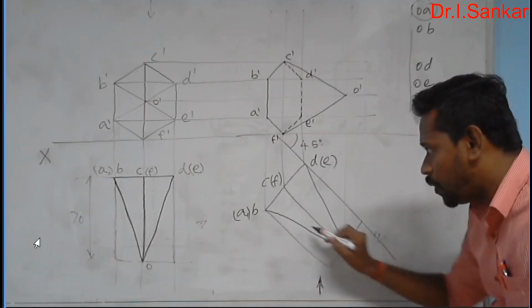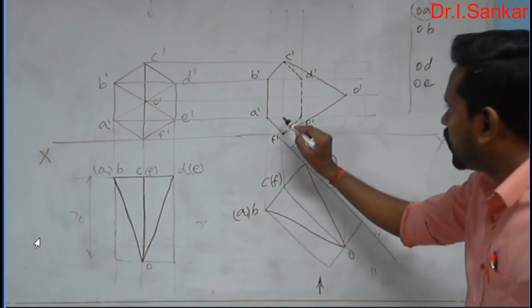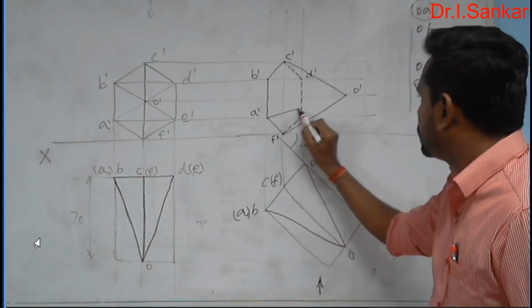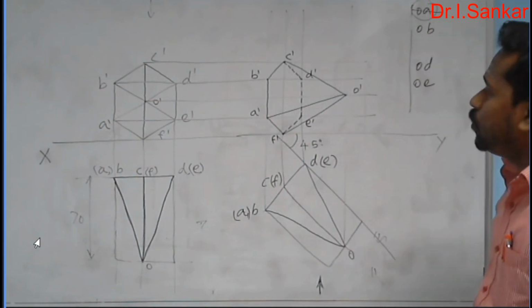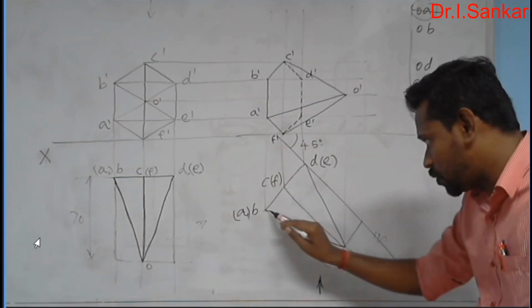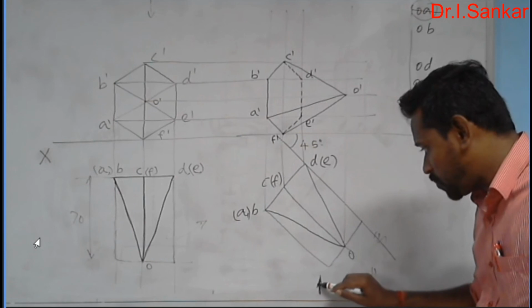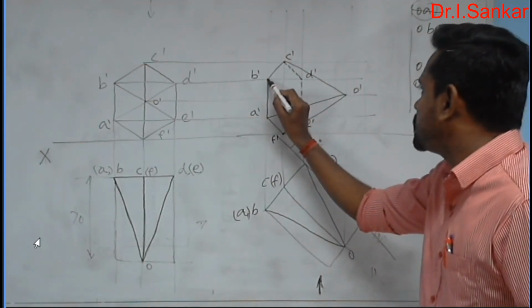Whether the edge OA is visible to you? Yes, it is visible to you. So connect it as visible edge. OA duty is over. And OB, the same place, here it is OB. You are seeing it from this point. It is obviously visible to you. So connect OB as visible.